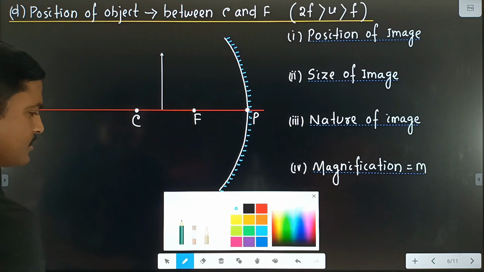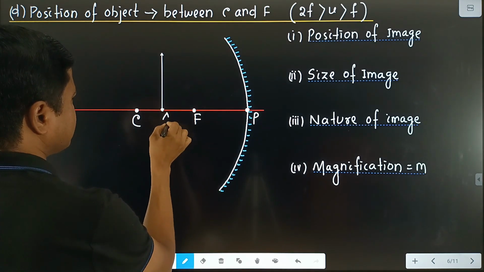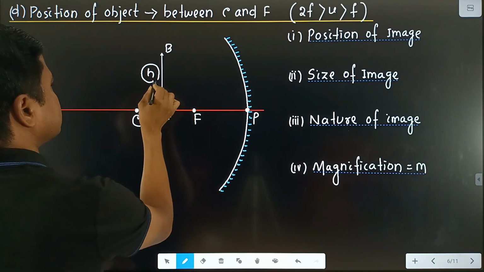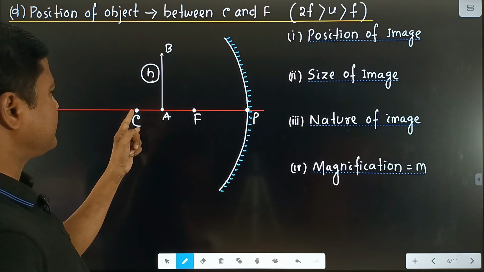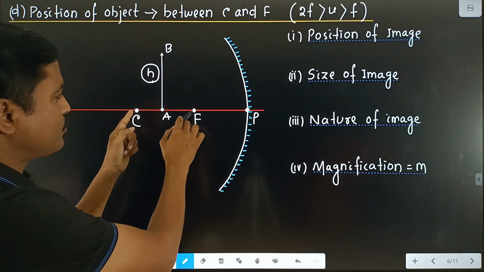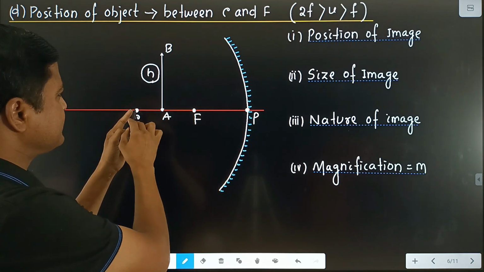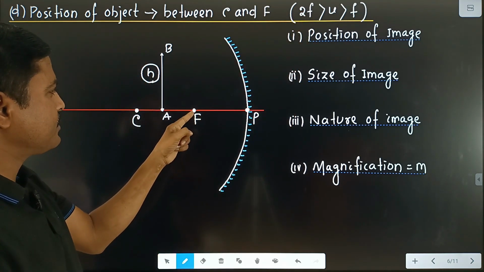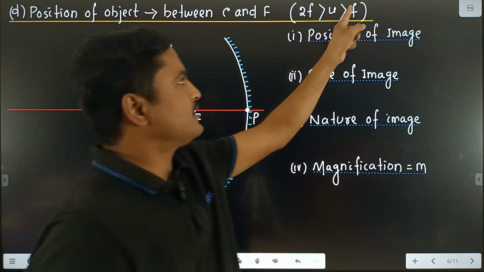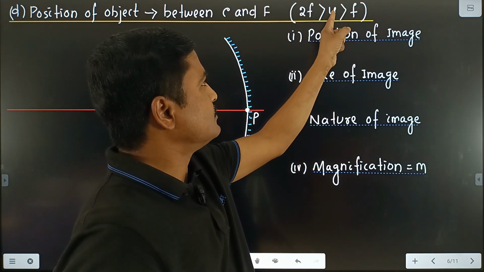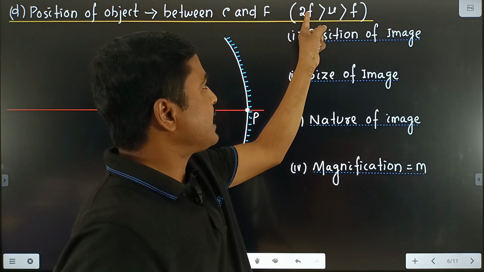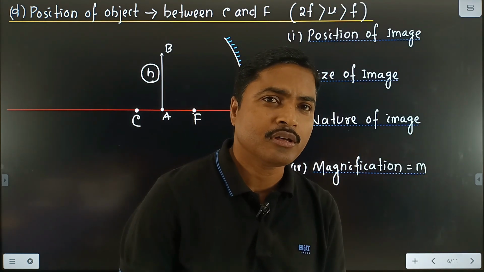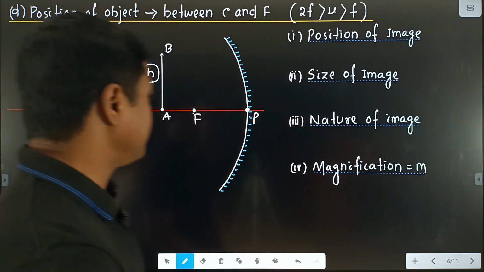For height of the object, we write the same thing, AB, and for this we write h. Center of curvature means at a distance 2F, so we write 2F, and between P and F we write F. That means the object is situated at a distance between 2F and F from the pole of the concave mirror.